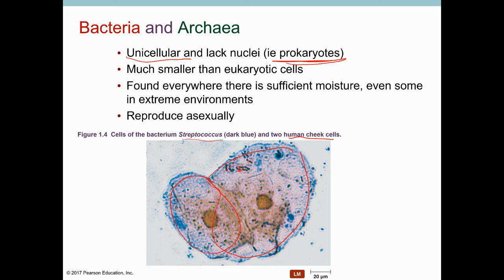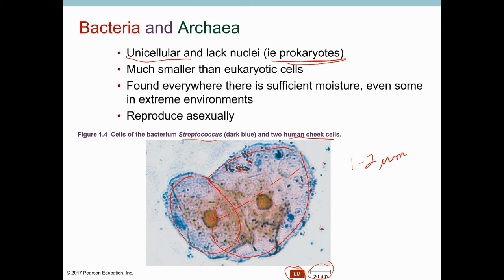You can see here this is a light micrograph, so it's a photograph made on a light microscope. And this scale is 20 micrometers. So you can estimate the size of the human cells is maybe 60 to 80 micrometers across, maybe 100. And the size of the strep is maybe 1 to 2 micrometers.